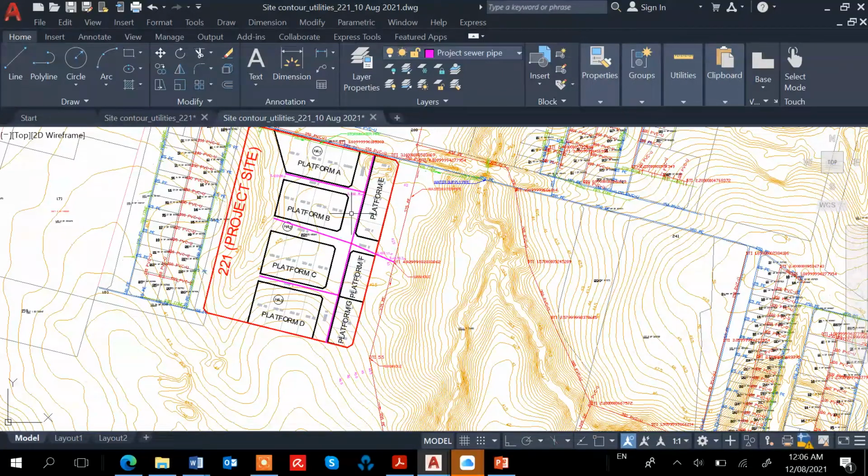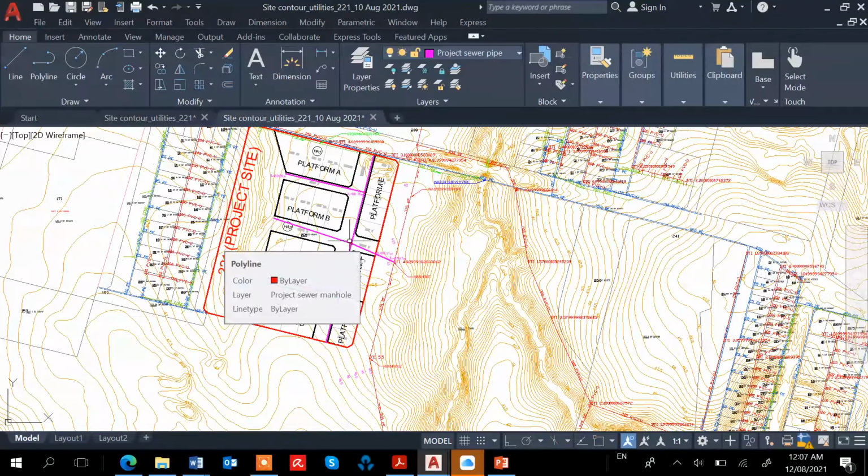So the road level will increase from this point here, and then it will increase until the end, until this point here.